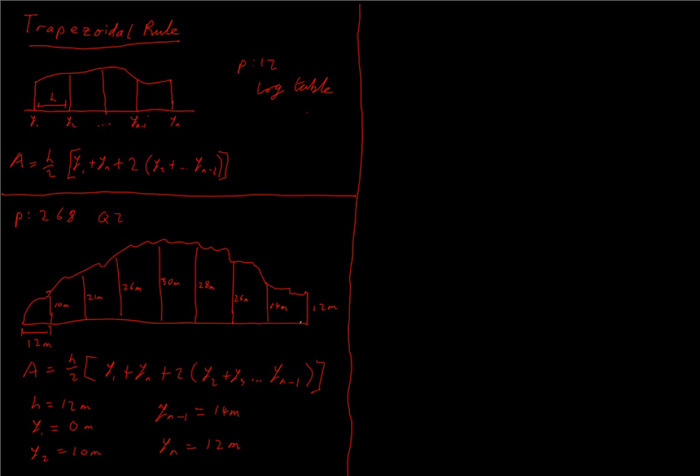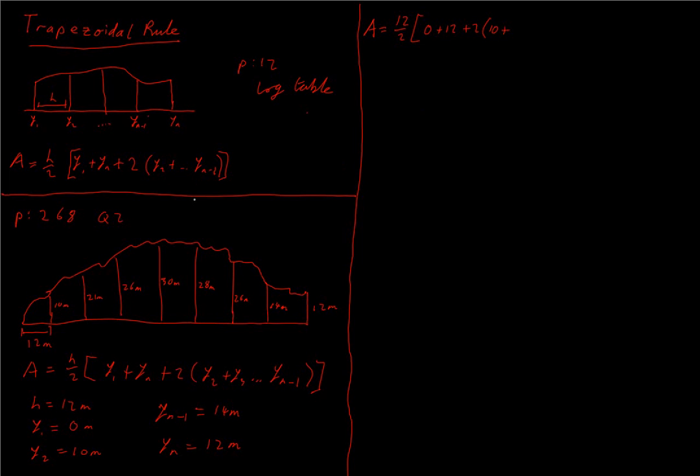We keep going on through. And our last length is yn, which is 12, and our second to last length is yn minus 1, which is 14. So I've written out everything I need for my formula. Now I'm going to write A is equal to h, which is 12, divided by 2, open up a bracket, y1 is 0, plus yn is 12, plus 2 times y2. y2 is 10.